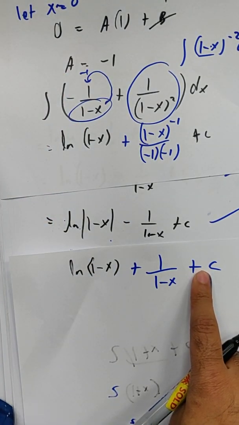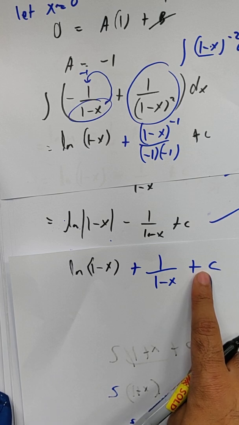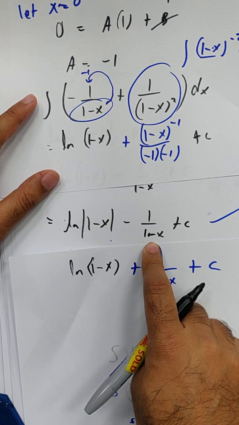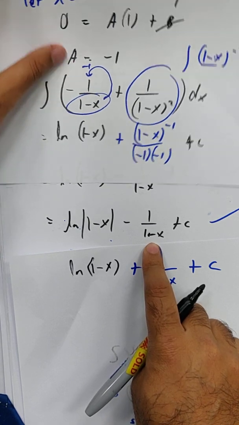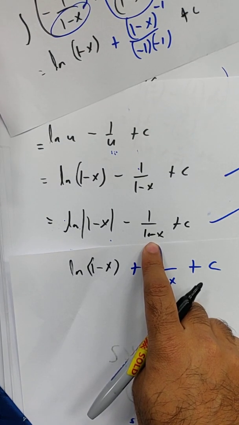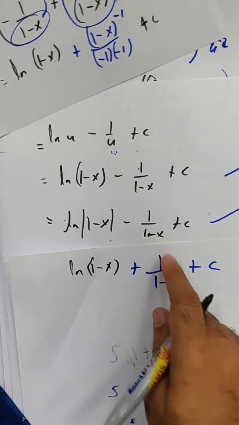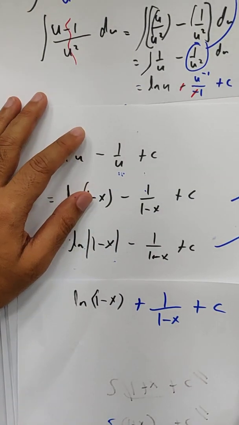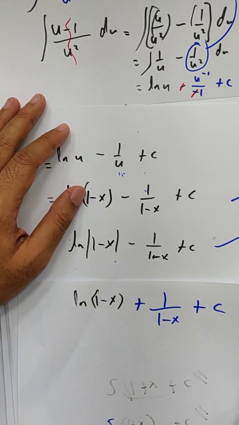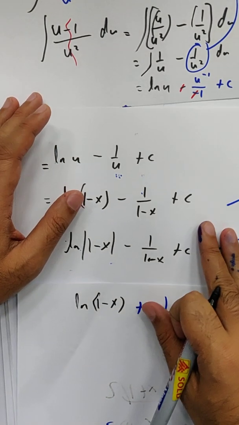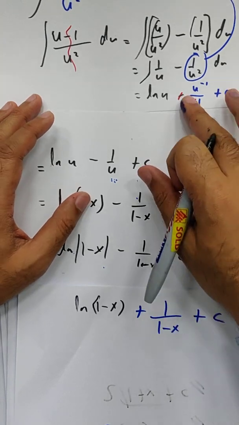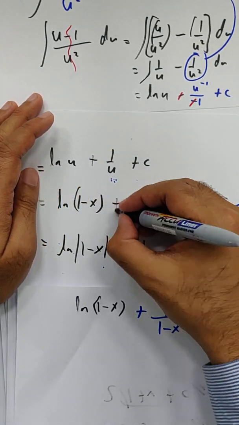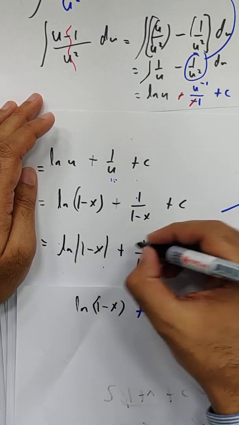Let me check with my notes. Oh my, did I make mistakes over here? Oh, sorry. This one is already plus. Okay. Minus minus plus. I did not change it here. I forgot.